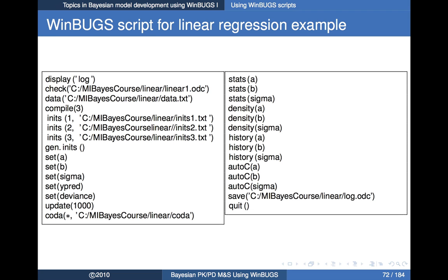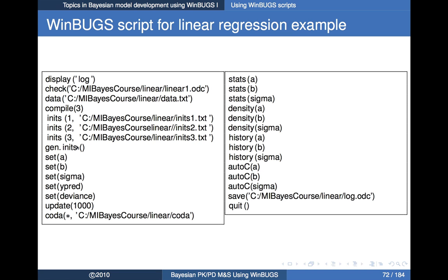So ideally you would create 3 initial estimates files that are somewhat different from each other, and then you would read them in one at a time using the inits command, and the first argument for that is which chain that corresponds to, and in our case that would have to be 1, 2, or 3, and then you give the file name.